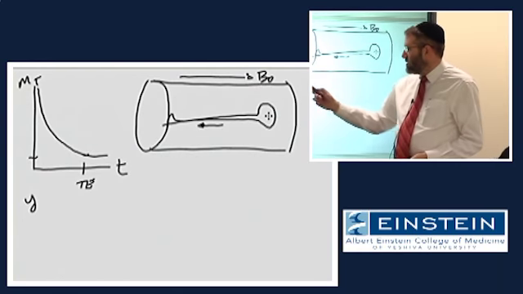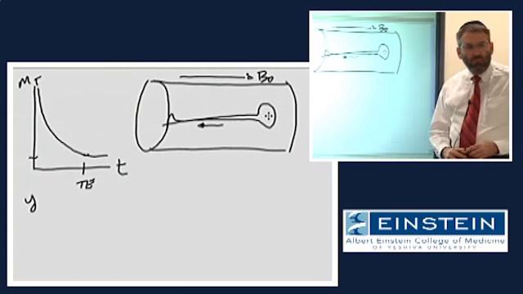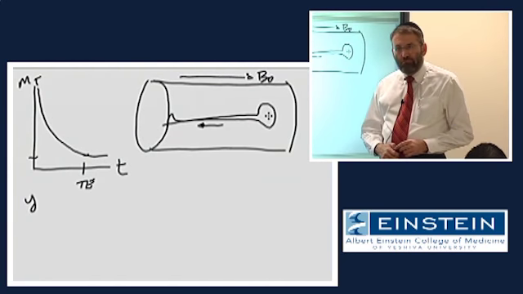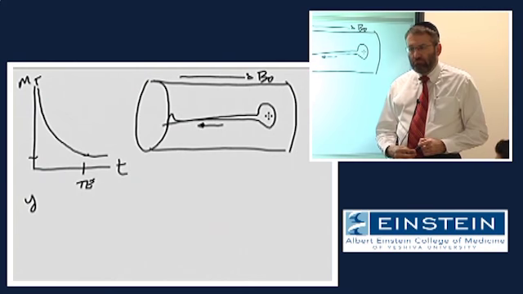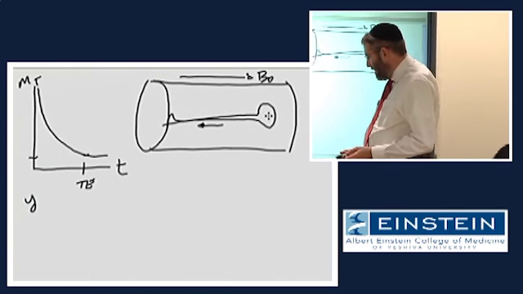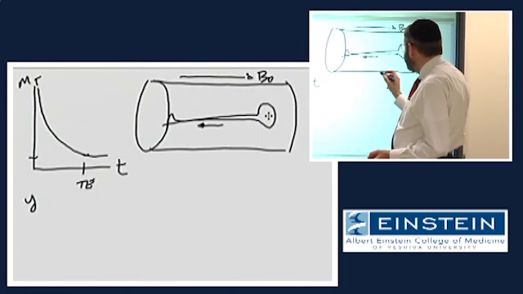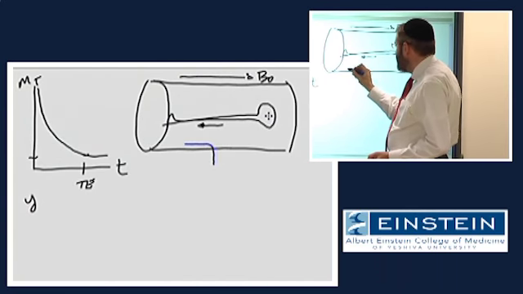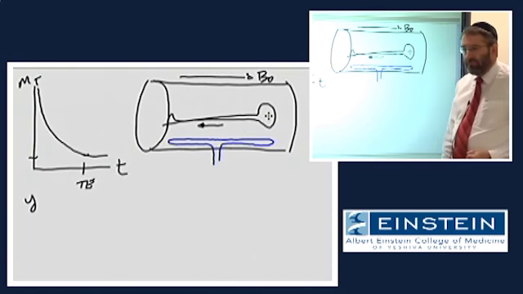So where does that signal come from? Anyone? Body. Right, okay. So if we make things easy, we'll say that the coil that we're using to sample this signal looks like that.